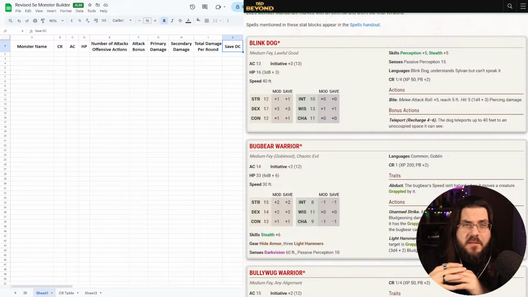I'm going to take some of them, some of the monsters from the back of the PHB, and some of the monsters that have been leaked out to the press, run their numbers through this spreadsheet, and see what jumps out in contrast to what we had in 2014.